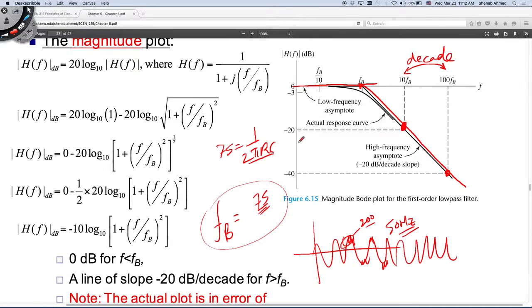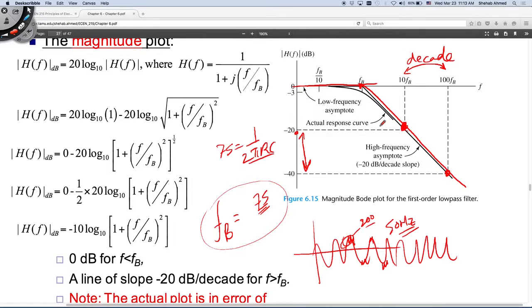So if you substitute with f equals 10 FB, and then substitute with f equals 100 FB, and do the calculations for magnitude, you will see that the magnitude changed by 20 dB, right? It changed from minus 20 to minus 40. So it changed by 20 dB per decade.